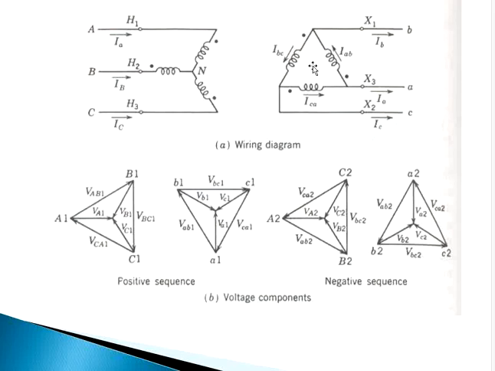Now the same relation will be applied here. Let us assume the phase voltages of the star connection are three voltages: H1 to N, H2 to N, H3 to N. Now, as I said, H1 to N means it is nothing but VA.